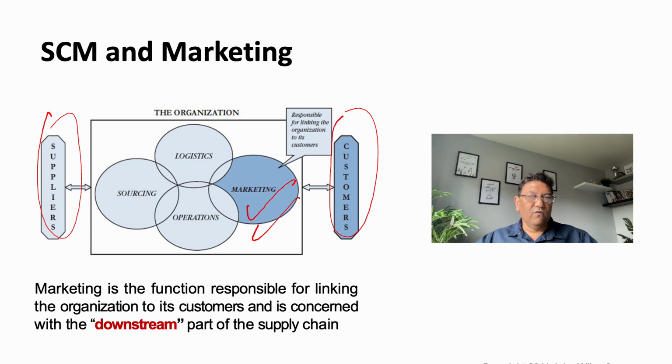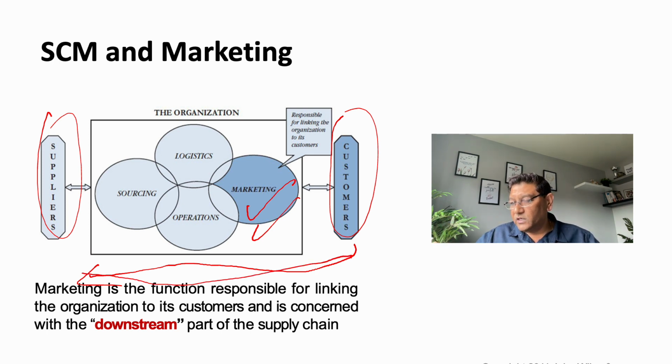But nowadays we are working on the pull demand principle. The pull demand principle goes from the customer side towards the supplier side. What does that mean? We get the demand from the customer first, and then we pull the demand from the customers and move towards the supplier.